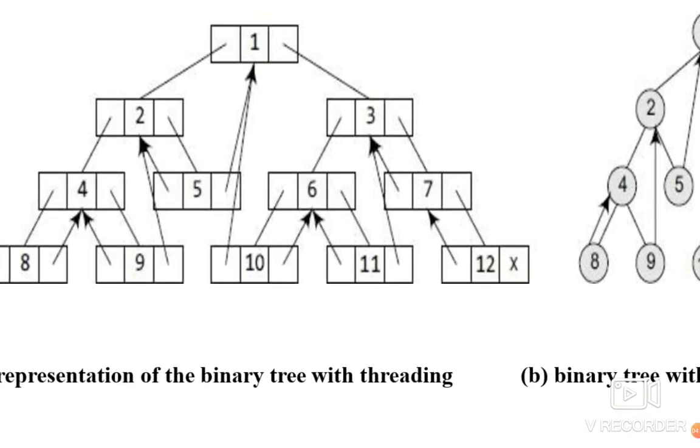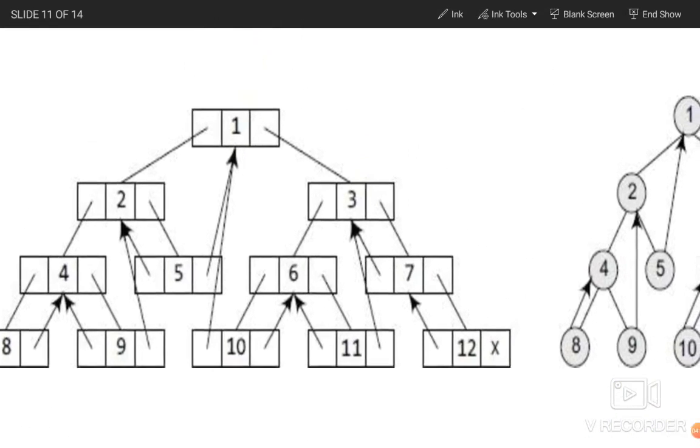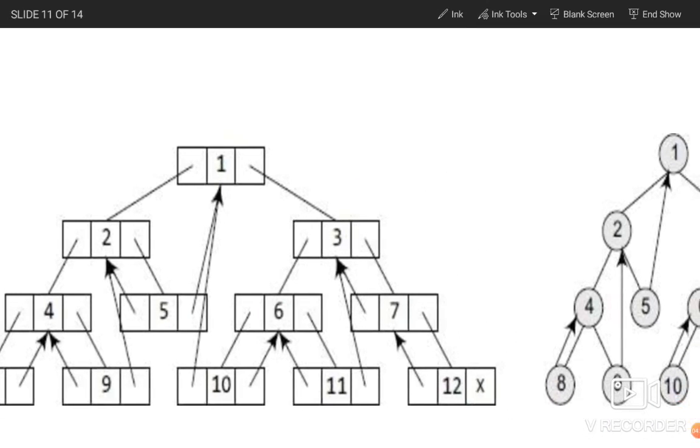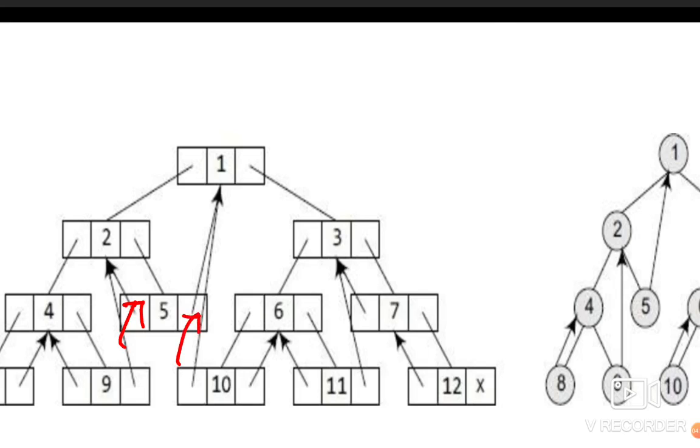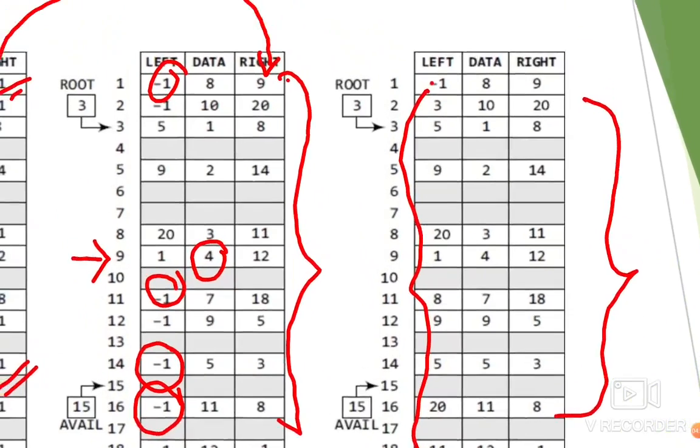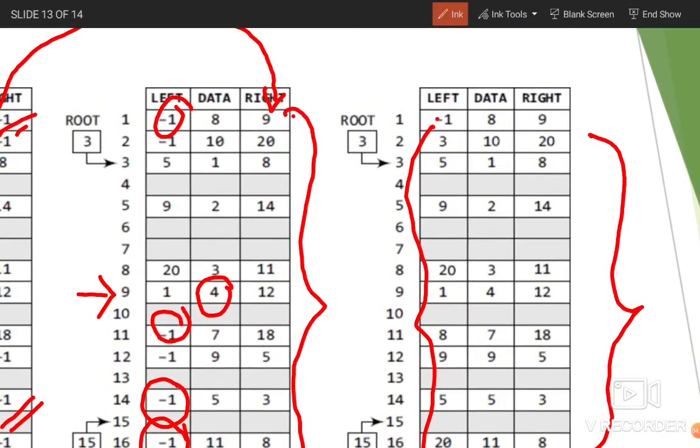For the node 5, the left field contains the address of 2. The right field contains the address of 1. So we will check with the memory representation for the node 5.